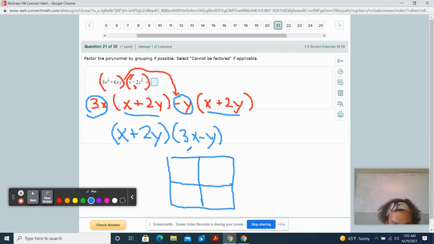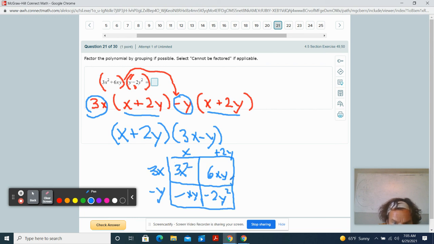write x plus 2y up top here, and you write 3x minus y on the side here, and you do the multiplication, so you get 3x squared, you get 6xy, you get negative xy, and you get negative 2y squared.